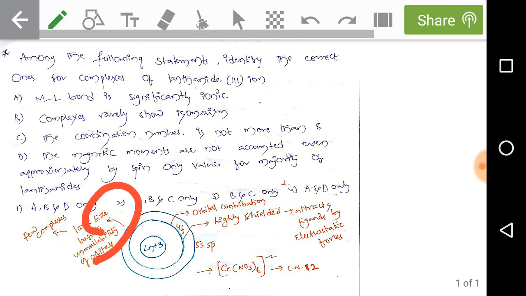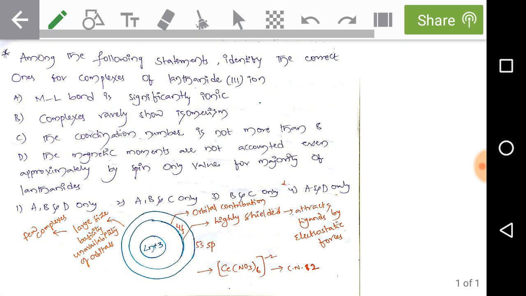All these circumstances lead to few complexes with ligands, and that's why isomerism is rarely shown by lanthanide complexes. They make complexes mostly with oxygen ligands, and we can also see some nitrogen ligands.